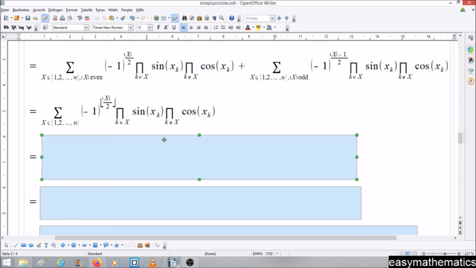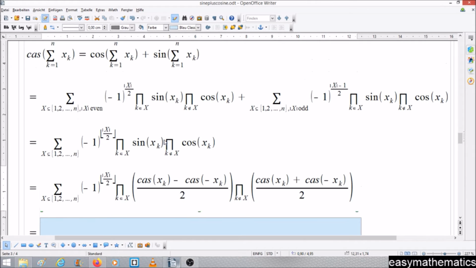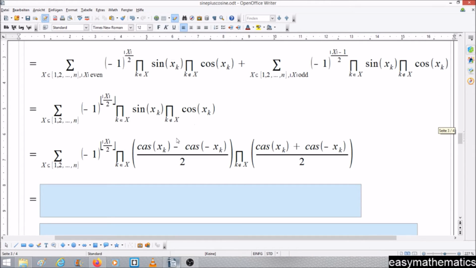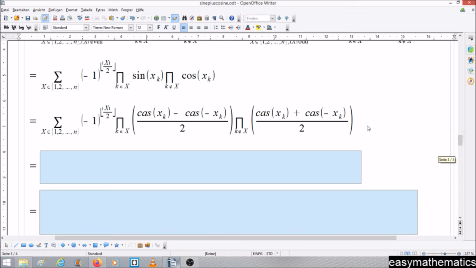And what can we do now? In the next step we write the sine and the cosine function in terms of the cos function, and this is very easy to see: sine is cos of xk minus cos of minus xk over 2, and the cosine is cos of xk plus cos of minus xk over 2. This follows directly from the definition, and now we take care of this over 2 in both products.